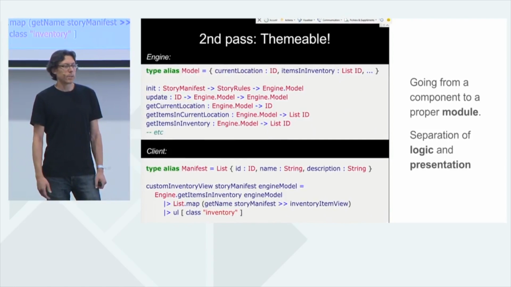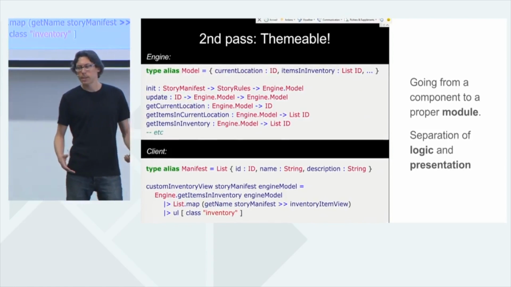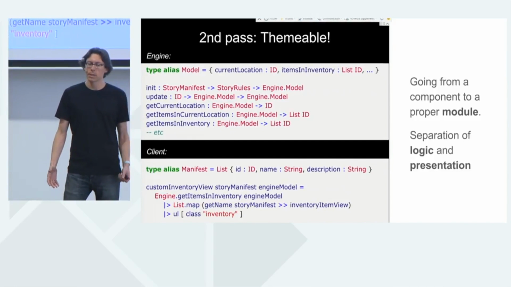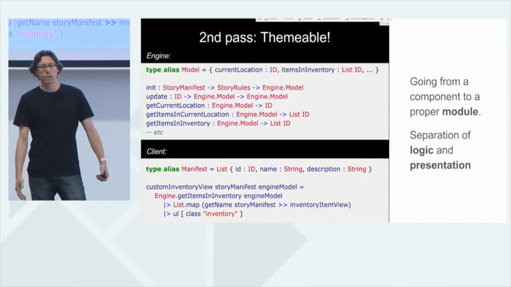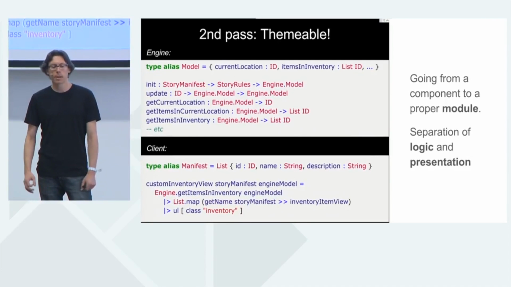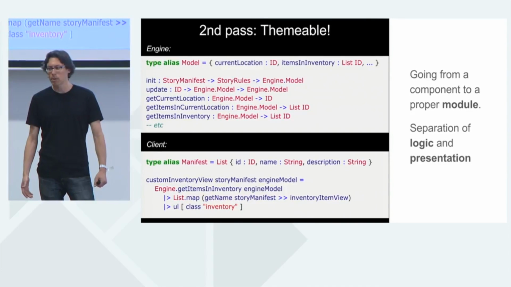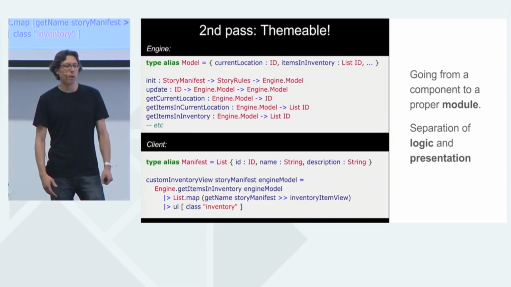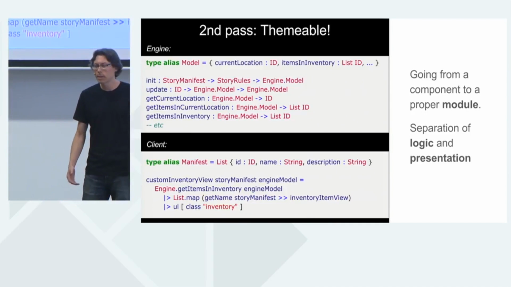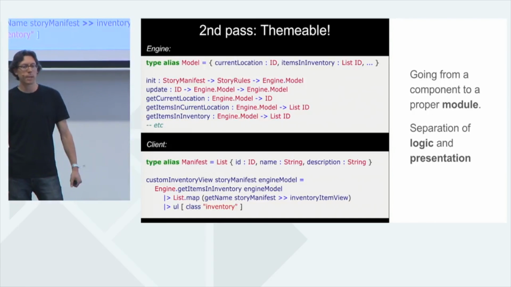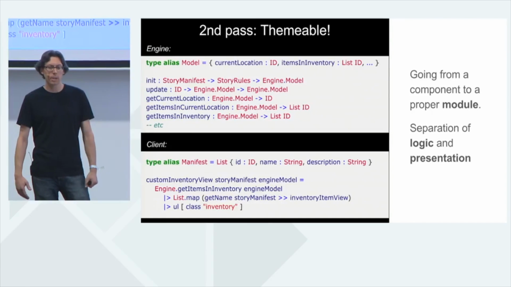It really just needed to know the IDs of where everything was. And it also needed to be able to take a bunch of rules and do some logic to find the correct rule that would be the best match and apply it to update the world. And that's really all that the engine needed to handle. And the rest of the job of showing this in an interesting way could be left up to the client.